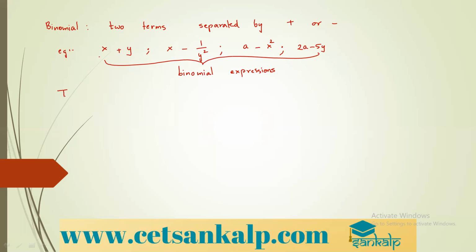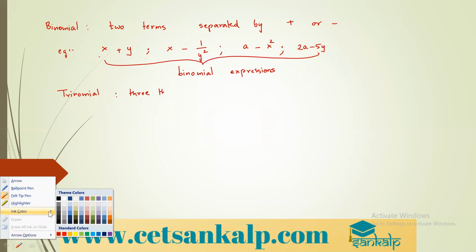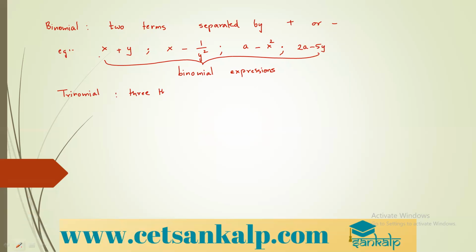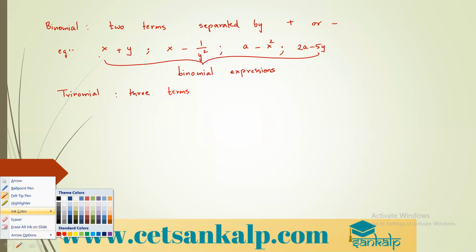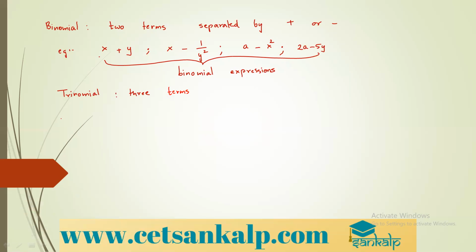Similarly, you have trinomial. Trinomial means there will be three terms separated by plus or minus. Let me erase this. So if three terms are separated by plus or minus, you can call it as trinomial.